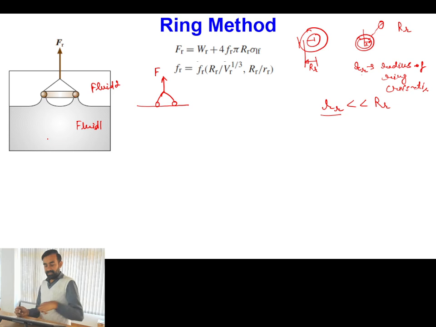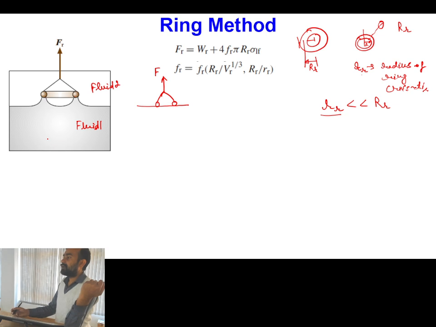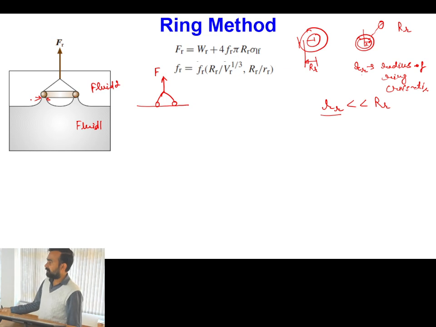So in order to pull the ring, we need to overcome the surface tension force, since there is one interface boundary here and another interface boundary here, acting at the circumference of the ring.